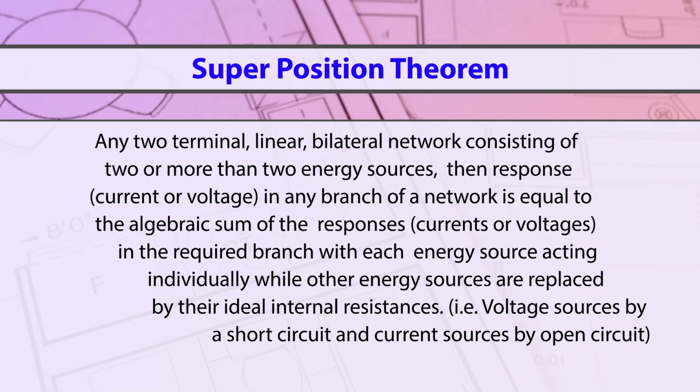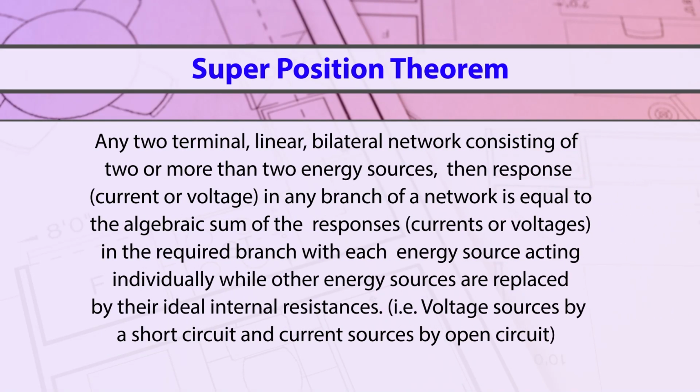So first of all we will discuss the superposition theorem. In any two-terminal linear bilateral network consisting of two or more energy sources, the response in any branch of the network is equal to the algebraic sum of the responses in the required branch, with each energy source acting individually while the other energy sources are replaced by their internal resistance.